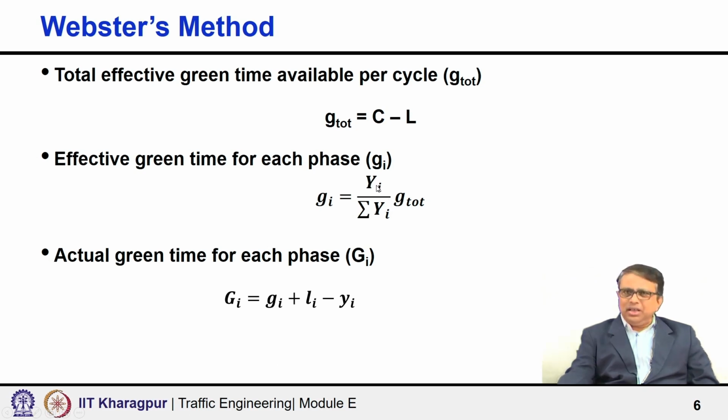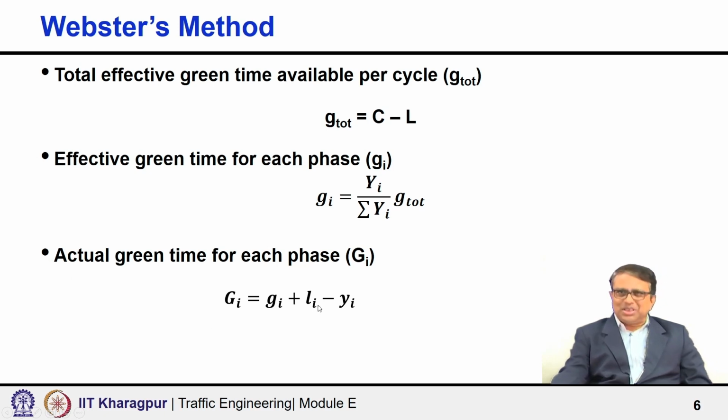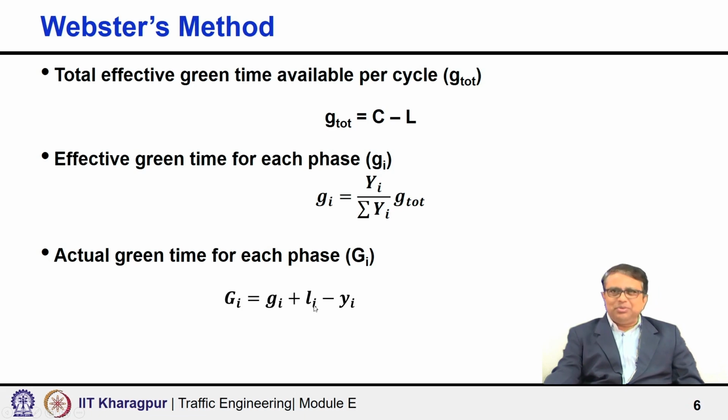That way the effective green time is distributed to different phases. Now, what will be the actual green time for each phase? Actual green time will be the effective green time plus the lost time for that phase minus the yellow or amber time for that phase. That way we can get the actual green time.